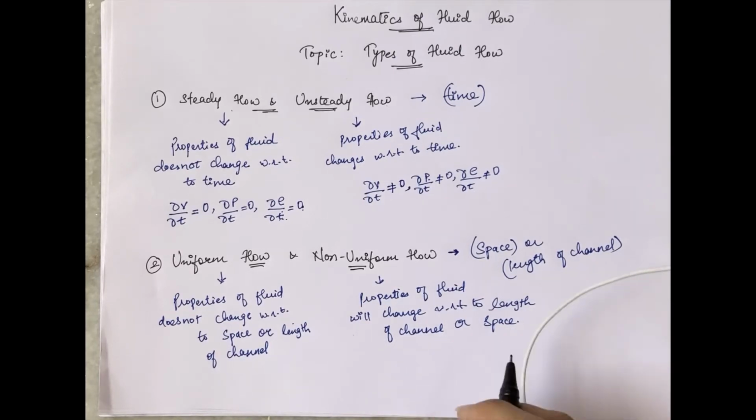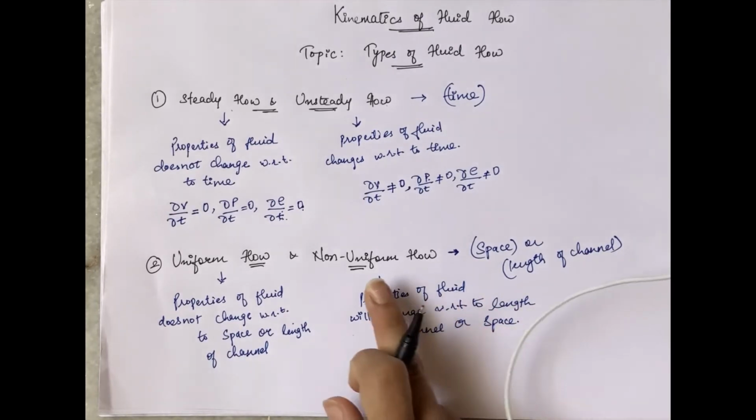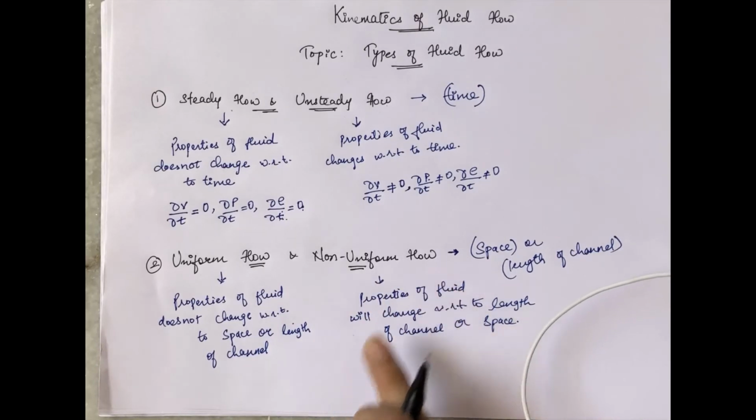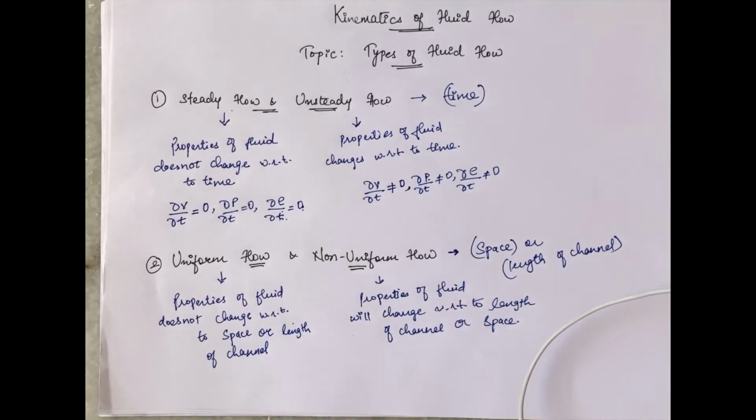And if it changes with respect to length of channel, then it is known as non-uniform flow. So at 1 kilometer length of channel, if the velocity is 2 meter per second, and at 3 kilometer length of channel, if the velocity is changing to 1.5 or 3 meter per second or any other value, then it will not be same with respect to length of channel, and hence it is known as non-uniform flow.